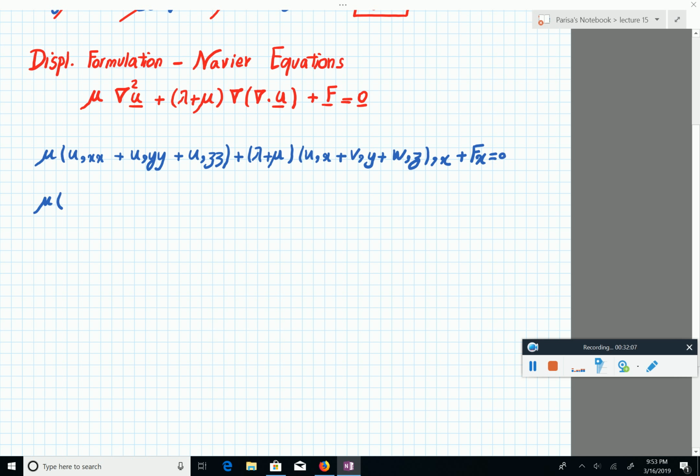The second is pretty similar. So we have mu times v comma xx plus v comma yy plus v comma zz plus lambda plus mu, u comma x plus v comma y plus w comma z, this time comma y, plus fy equal to 0.